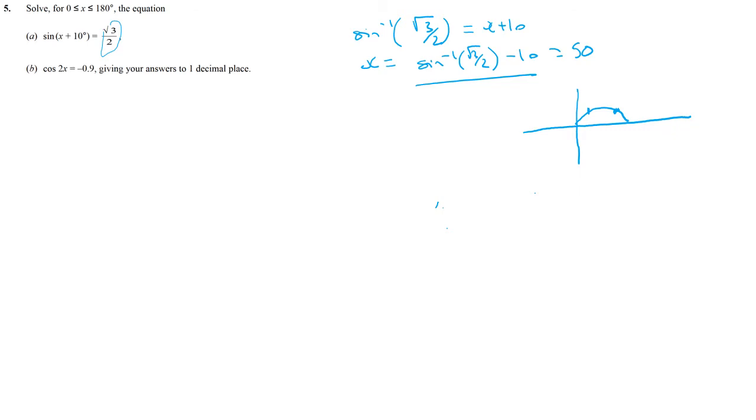So if we do 180 minus 50, that will give me 130, and if we put it into the calculator again, sine 130, that should give us root 3 over 2.